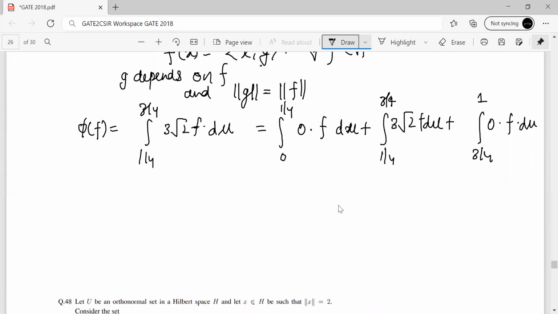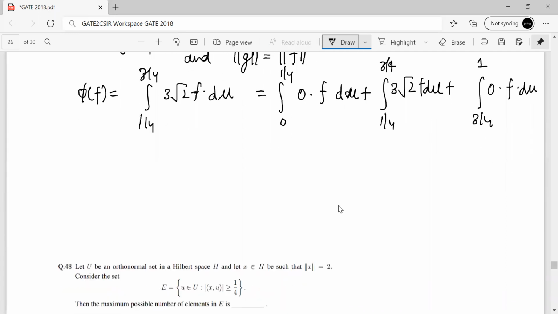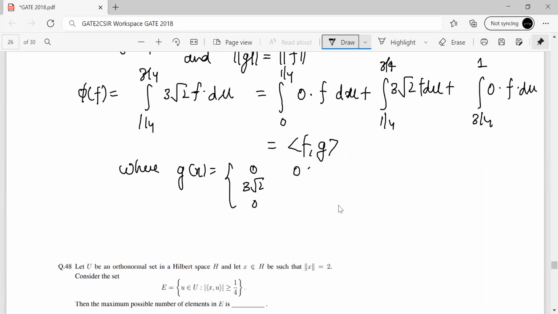Is it fine? Now, this is nothing but inner product of f comma g, where g is given by 0 when 0 is less than x is less than 1 over 4, 3 root 2 when 1 over 4 is less than x is less than 3 over 4, and 0 when 3 over 4 is less than x is less than 1.